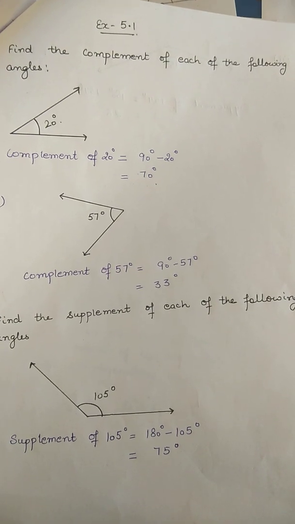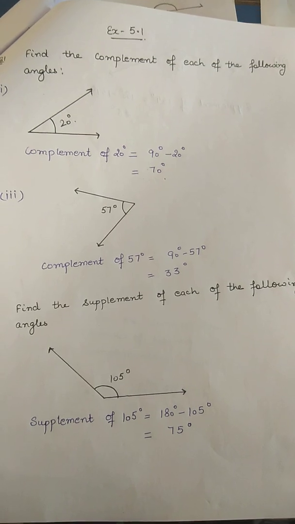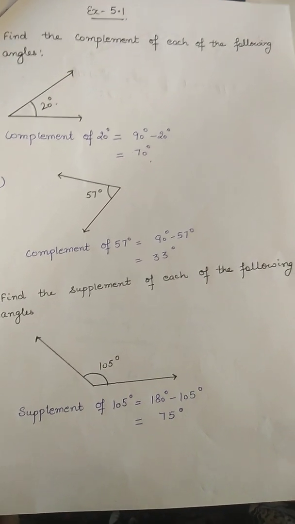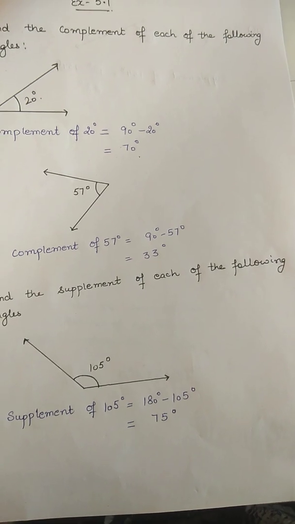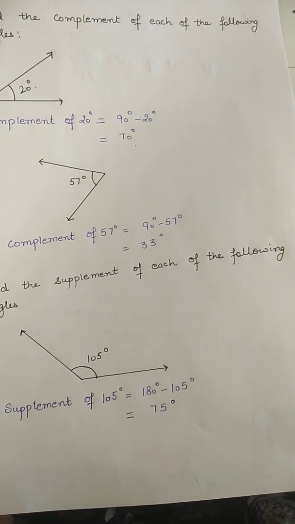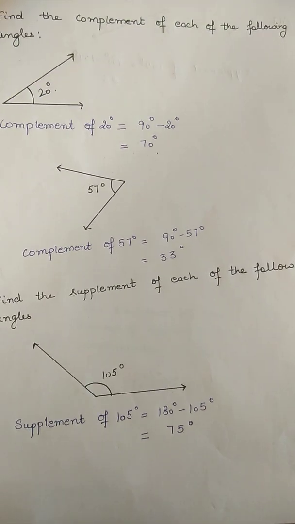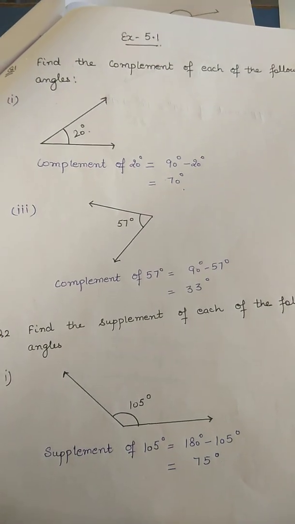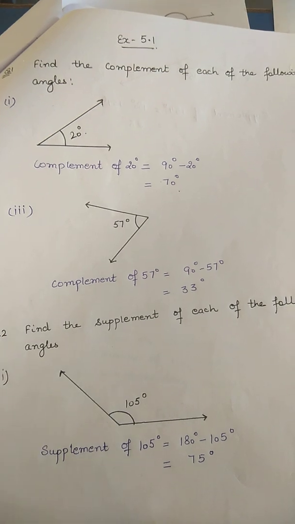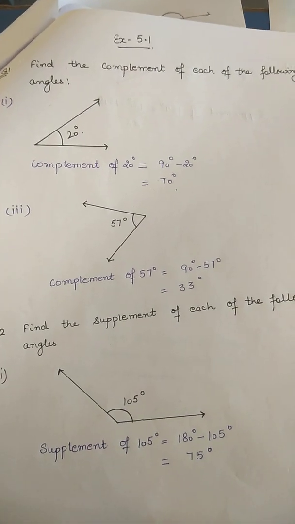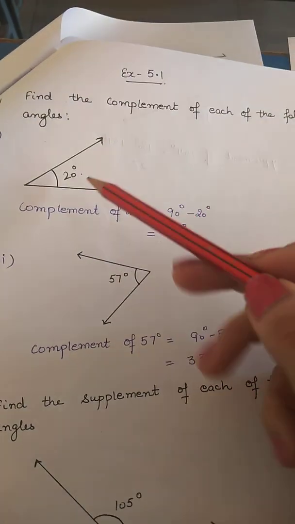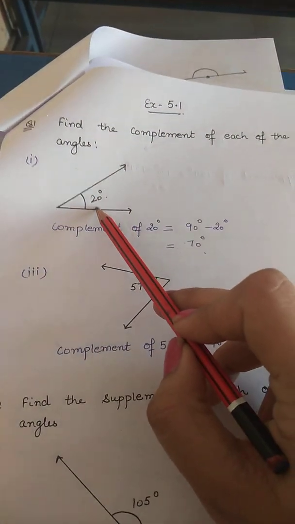Now exercise 5.1, question number 1. Find the complement of each of the following angles. I have already discussed with you the difference between complement and supplement angles. Complementary is when the sum of two angles is 90 degrees, and supplementary is when the sum of two angles is 180 degrees. Now you have to find the complement of angle 20.